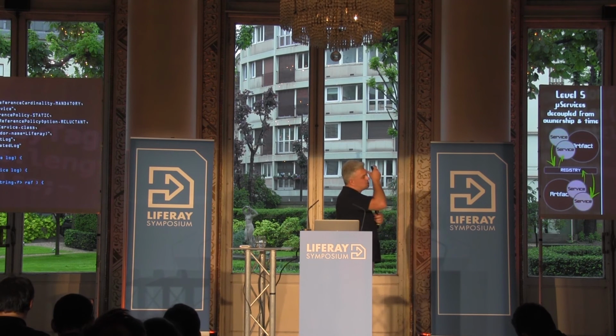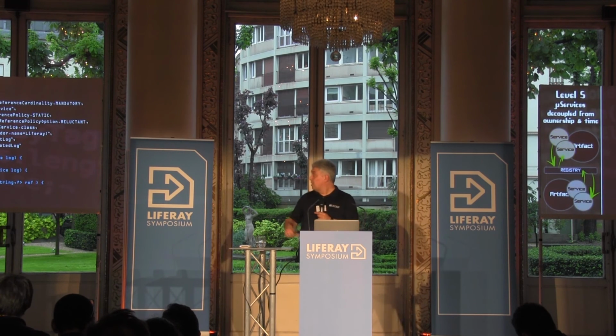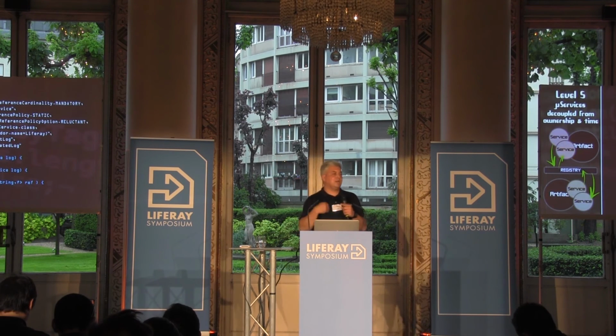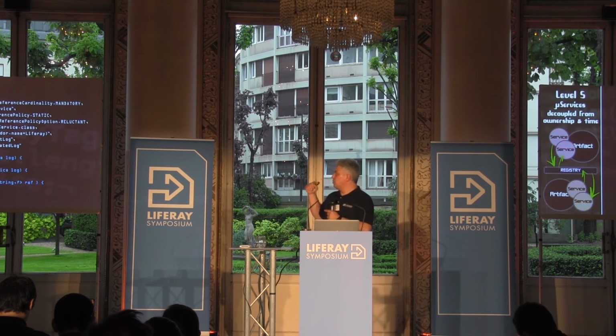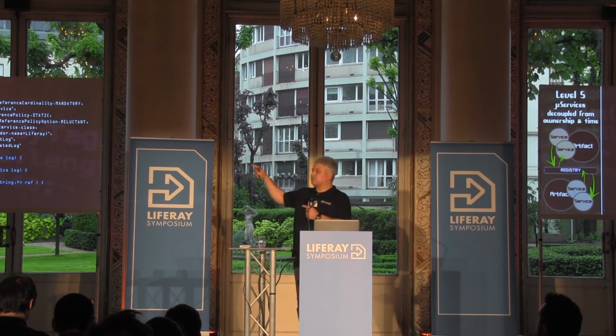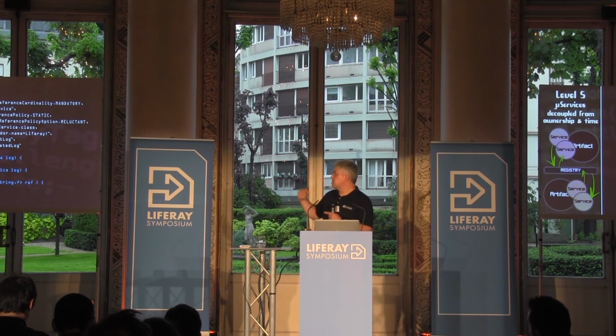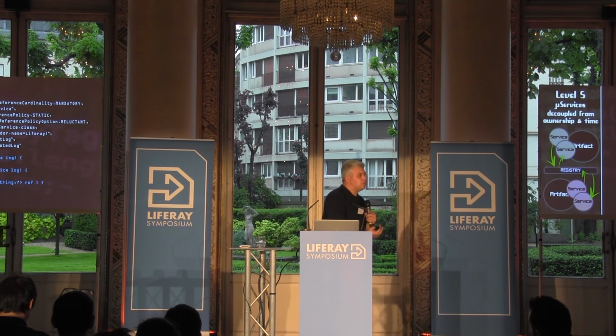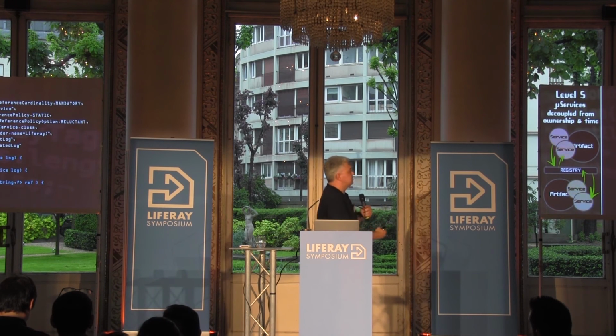And in here it gets a little bit more interesting, because in here you can specify the cardinality, whether that is a mandatory dependency or an optional one. You will also say whether it's static or dynamic, or whether it's a multiple, so you want a list or just one.